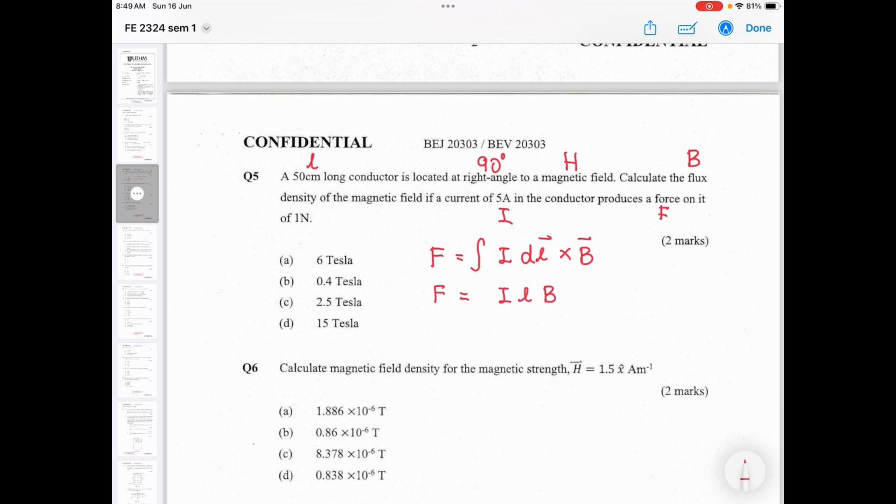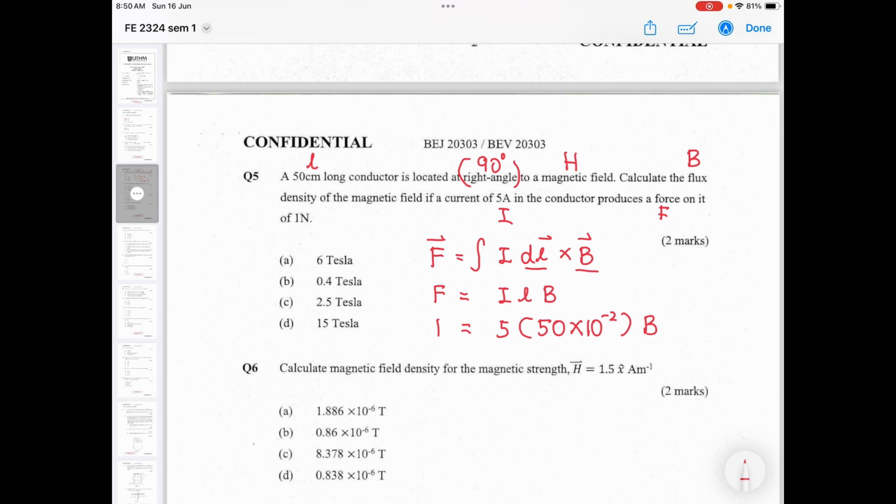In this case we ignore the directions, because it says that the length is at a right angle, so it will produce maximum force. F you have 1 nano, current you have 5 and the length is 50 cm, and B you have to calculate.